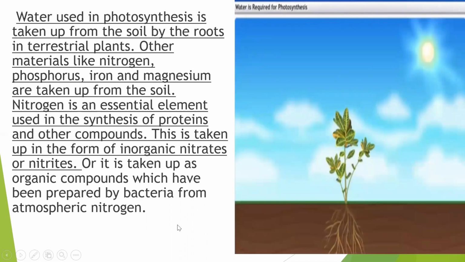Plants also absorb nutrients like nitrogen, phosphorus, iron, magnesium, etc. from the soil.